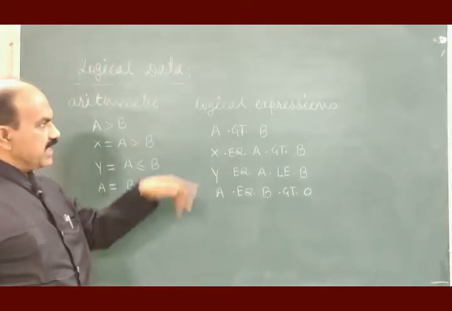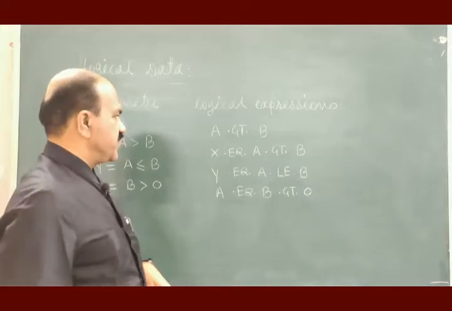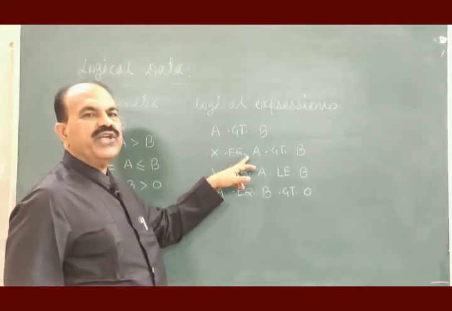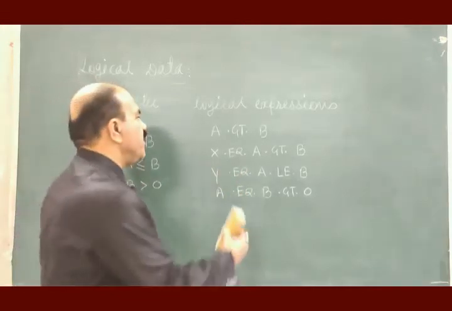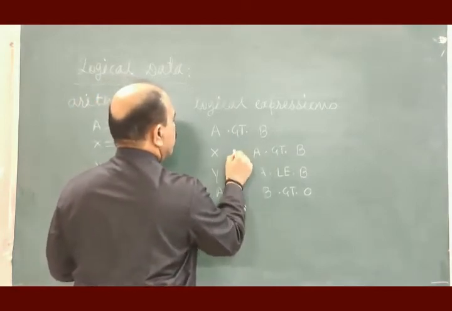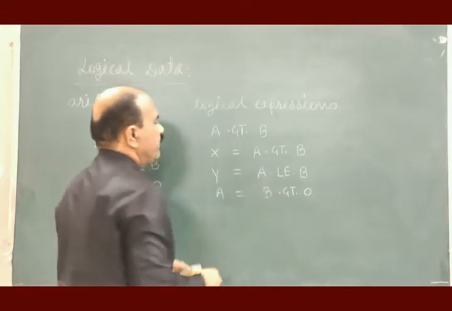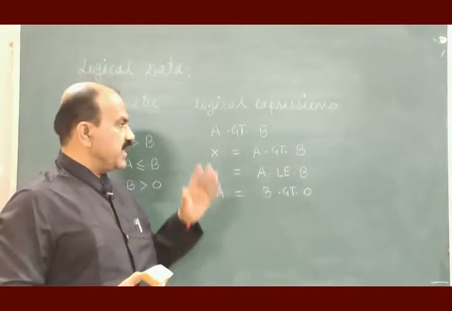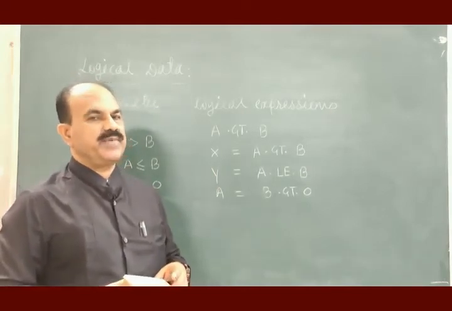So these are the ways of writing logical expressions. If you don't want to put the dot operators, you can even use equal to. This is also allowed. So these are various ways of writing logical expressions.